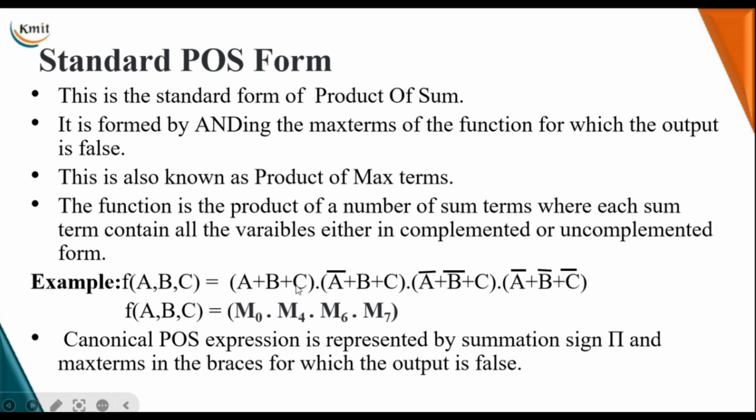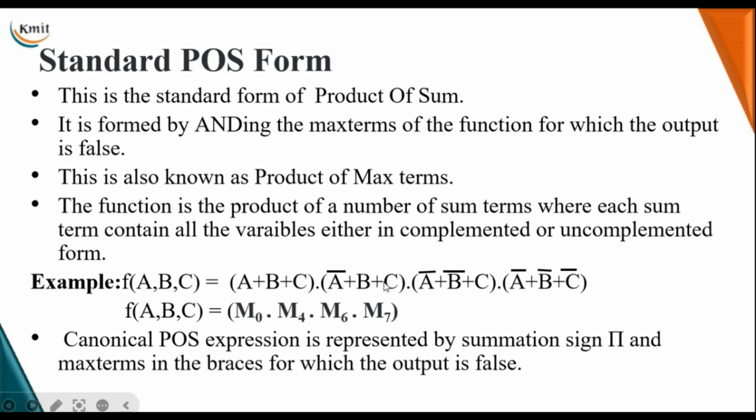If you are assigning a 0 to the variables, then when representing as a sum term, the variables must be without complement. So a, b, c are uncomplemented variables. Their equivalent logical levels substituted are 0 on A, 0 on B, 0 on C. Hence the maxterm is M naught.